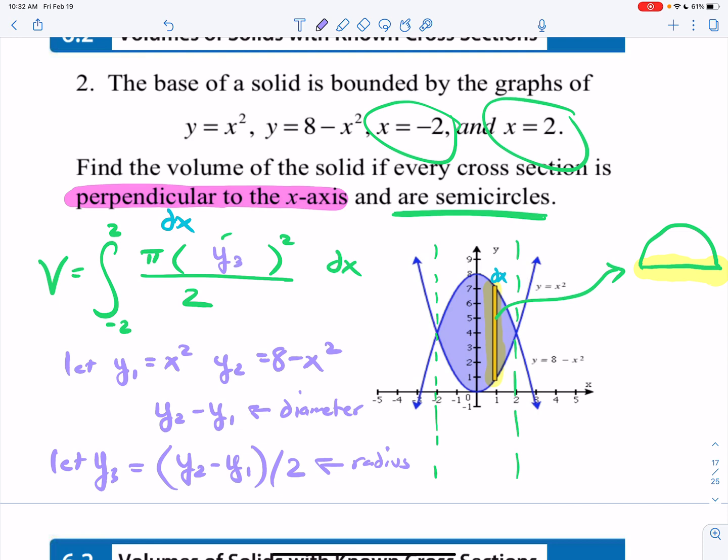So actually, I could scoot out that pi over 2 to the outside. So that would just be V equals pi over 2 times the integral from -2 to 2 of y3 squared dx, okay? Type that out there.